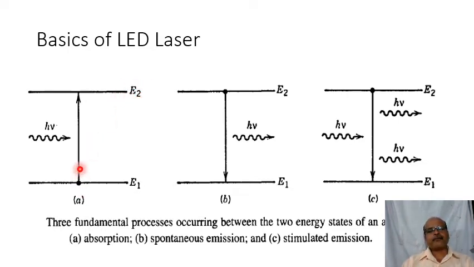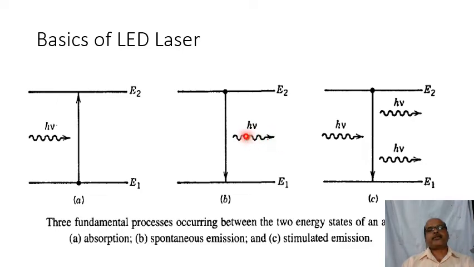This is called absorption. That is, the electron goes from a lower energy level to a higher energy level by absorbing the photon. Then these electrons do not stay there for long. They fall back from the higher energy level to the lower energy level, emitting light in the form of a photon.